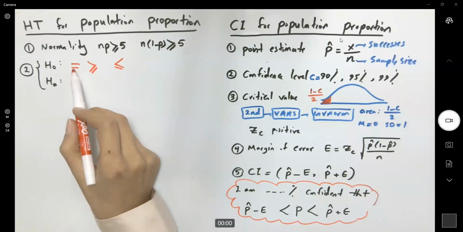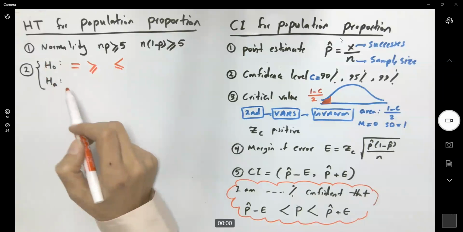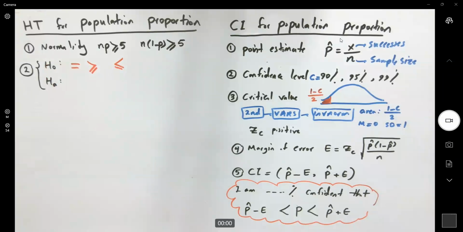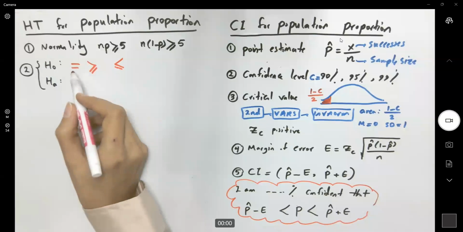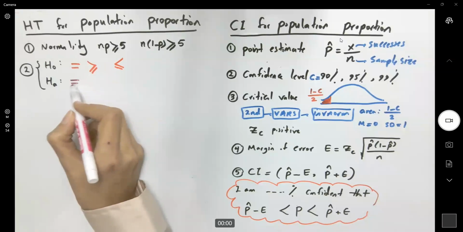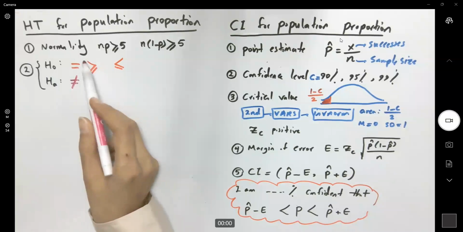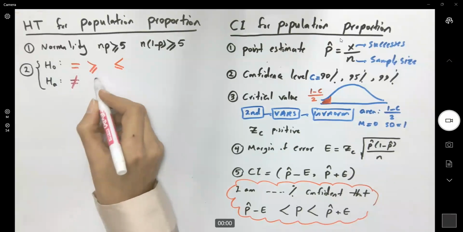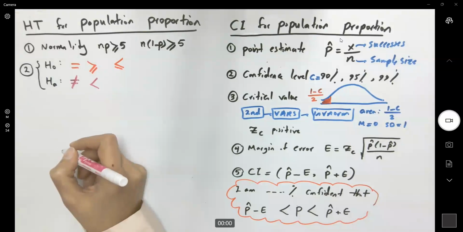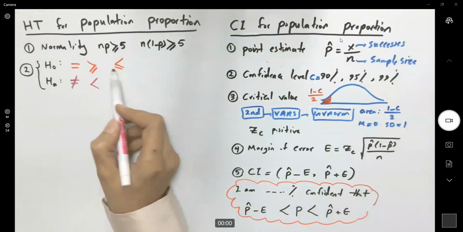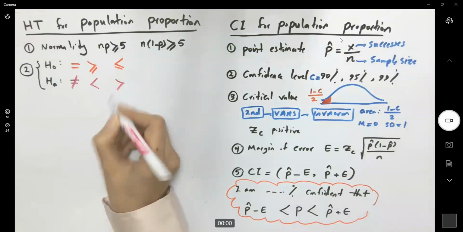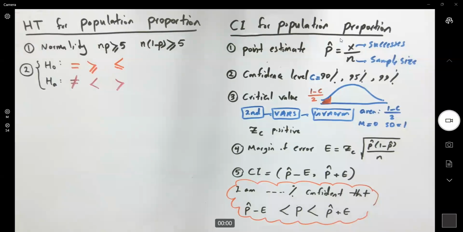So if you have equality as your null hypothesis, you can quickly build your alternative hypothesis. The opposite of equality is not equal to. The opposite of larger than or equal to is less than. The opposite of less than or equal to is larger than, greater than.